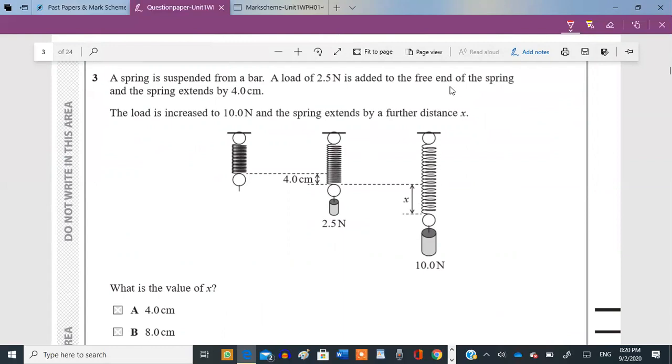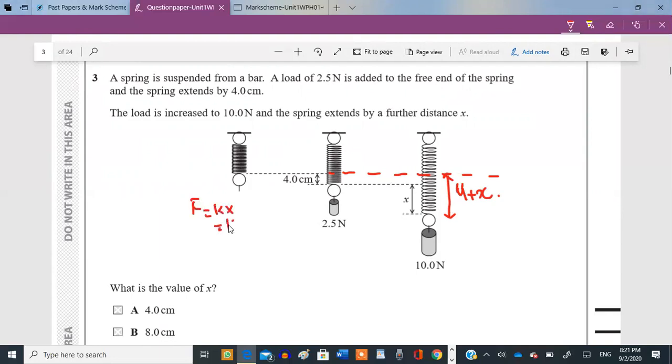Okay, so they just want us to calculate the value of X. If you compare with the original spring, in the third diagram, the total extension is not just X, but rather it's 4 plus X.